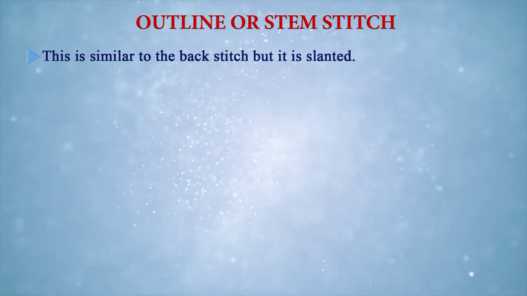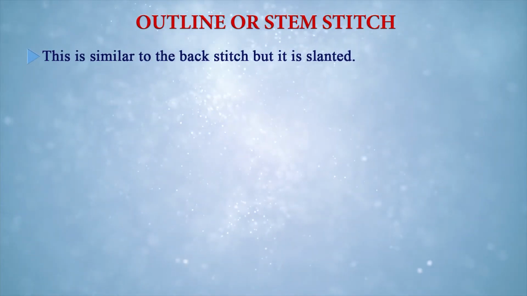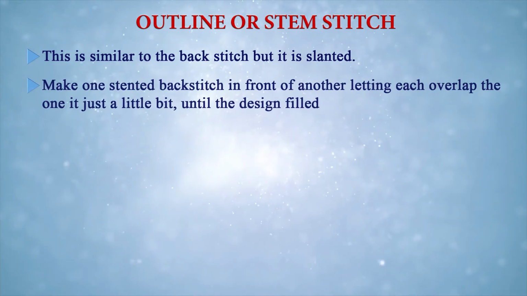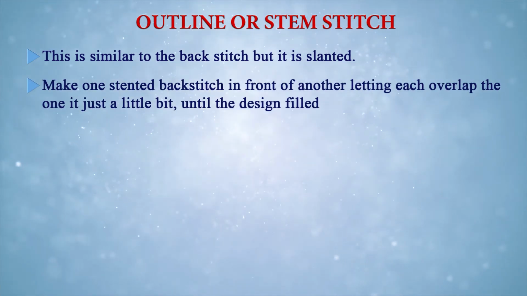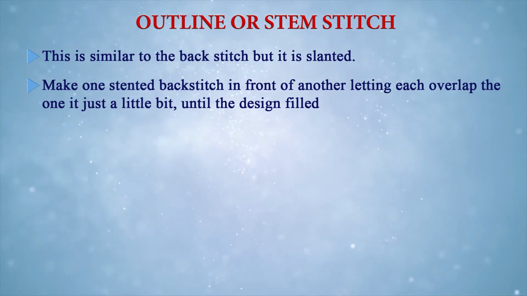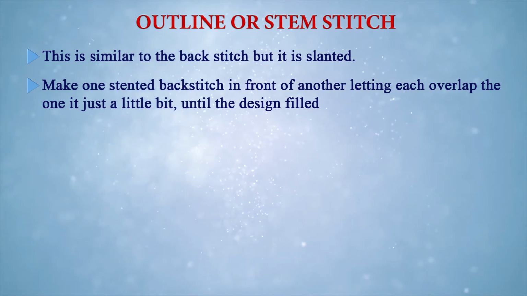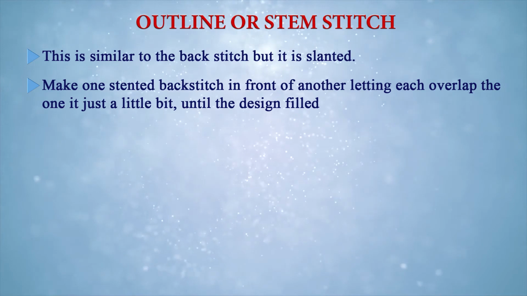Then the fourth is the outline or the stem stitch. So this is similar to back stitch, but it is a little slanted. So make one slanted back stitch in front of another, letting each overlap the one before it just a little bit until the design is filled.